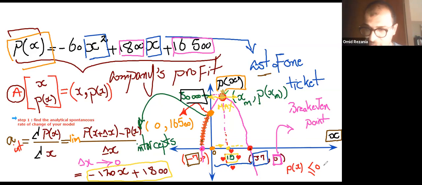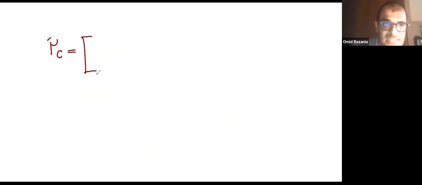Then I'm just going to go to the next page, and I say that we get a critical point. The critical point that we got, we call that P of c, for example, which is represented by this column matrix, where the x was supposed to be 15, and the P of x c, which is the critical point, we just got to be 30,000.